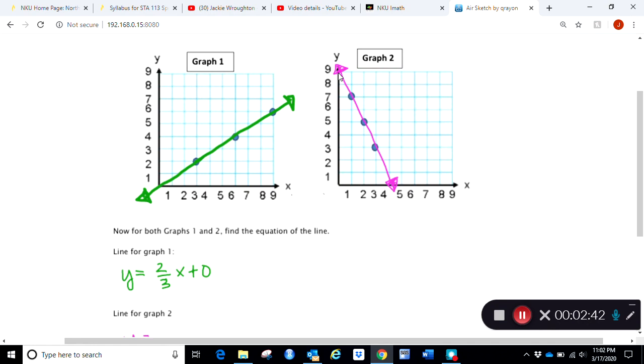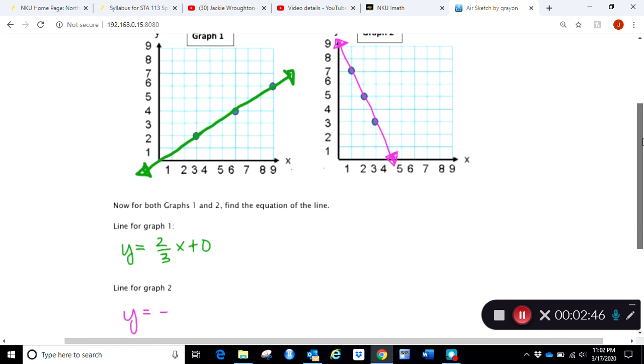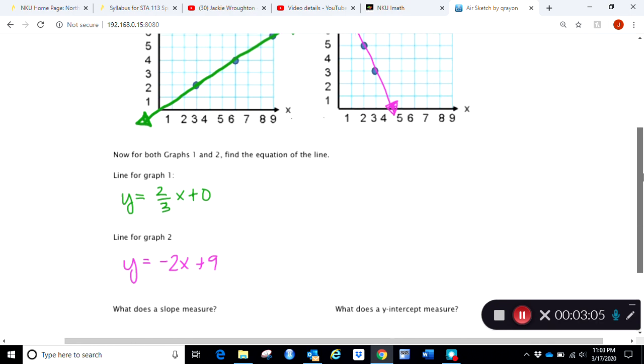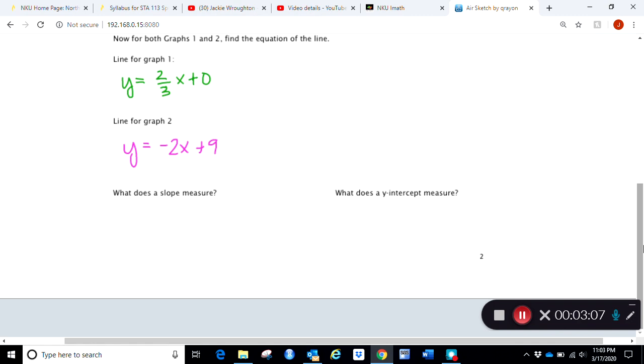So I know it's a negative slope, and I know that my intercept is a positive 9. Here my slope would be, I would go down 2 and over 1, down 2 and over 1. So that would give me a negative 2x.